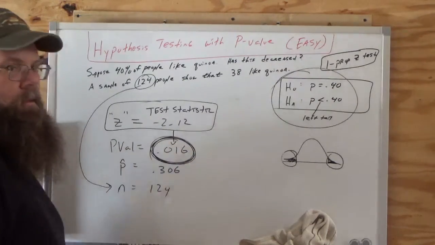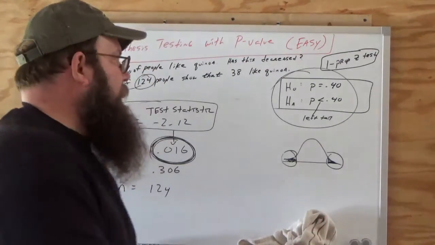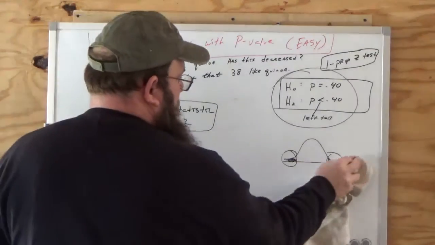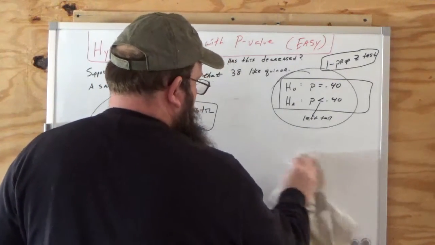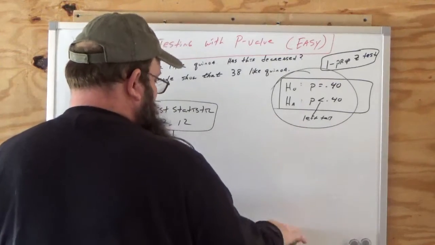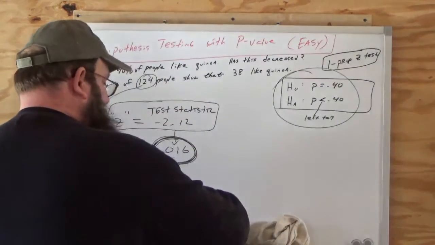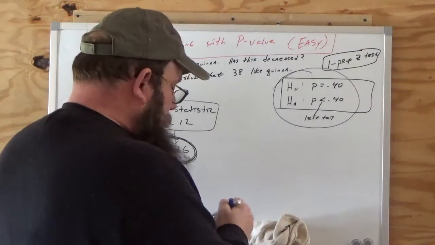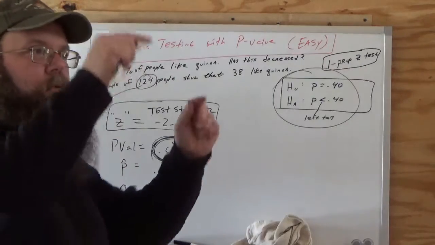That's the p-value. So now you might be thinking, well, what the heck does that tell us? Well, it's really easy, because here's the focus of today. How do you make a decision with the p-value? Well, when we did the traditional method, we made the decision by putting it in the graph.